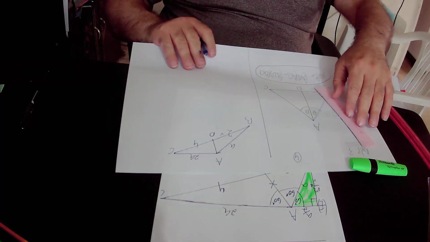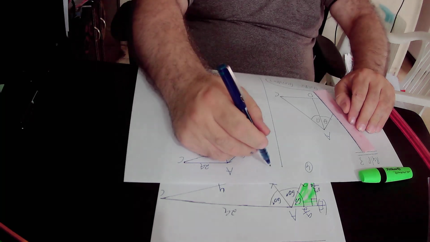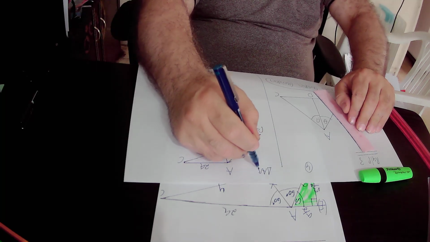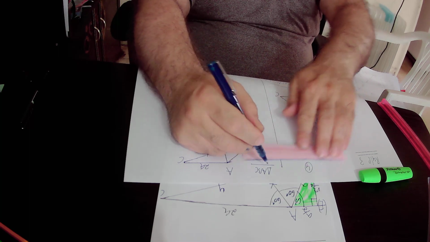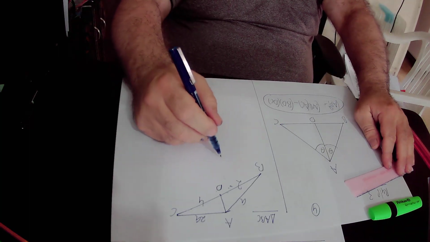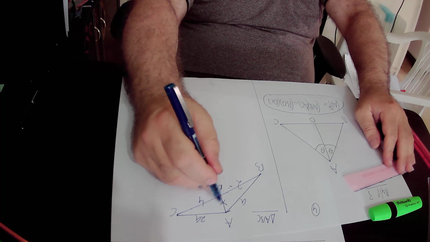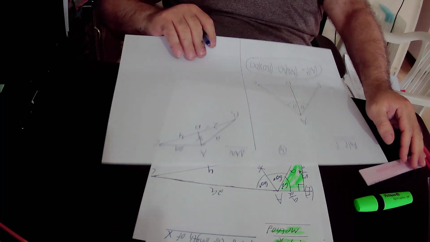Okay, so we implement the angle bisector theorem in this triangle ABC. According to the angle bisector theorem, AD equals X, according to what is given in the question.